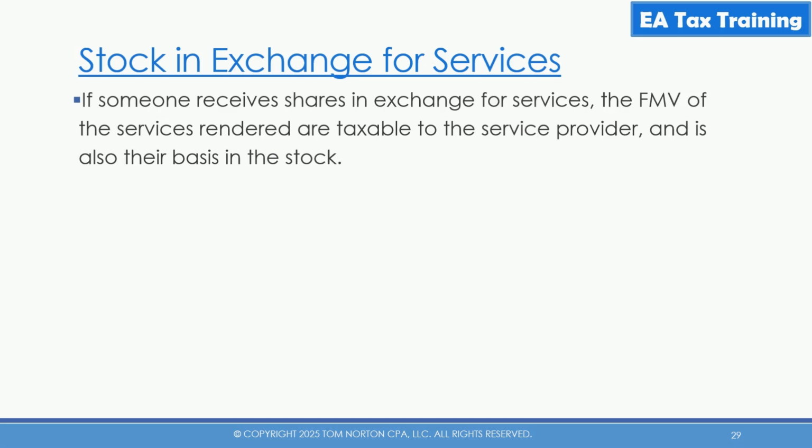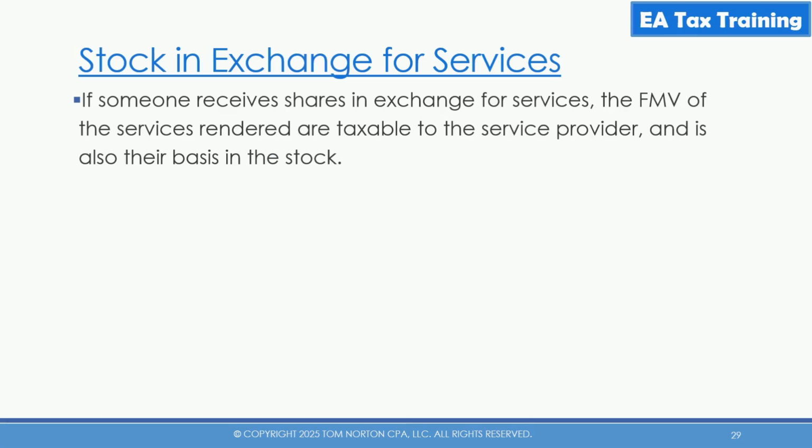So let's say you have an attorney who is doing some legal work for a startup corporation. They don't have much cash. So the attorney agrees to take stock in the corporation instead of cash. So what they have to look at is what is the fair market value of those legal services that they rendered? How much would that corporation, for instance, have to pay another attorney in order to do that same work?